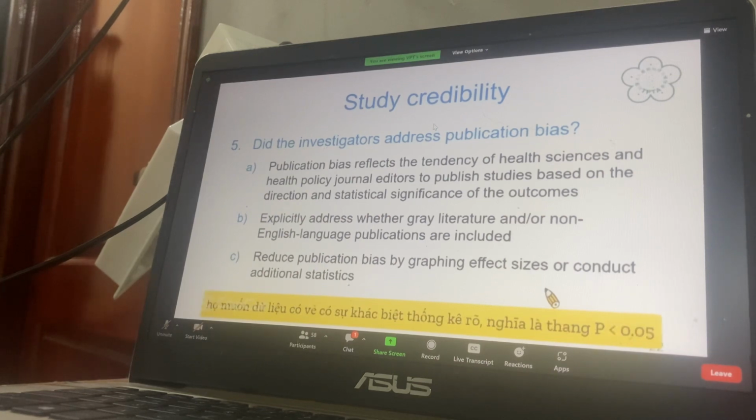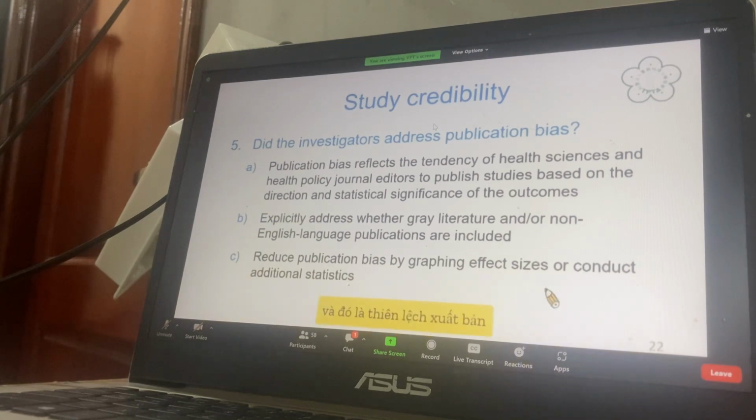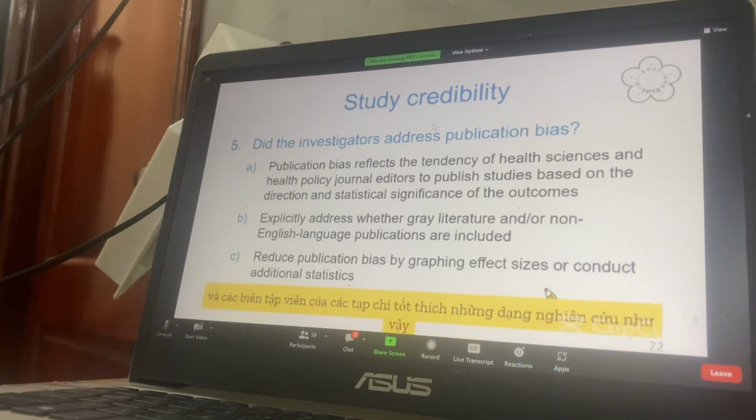They want data that has a statistically significant level, which means p smaller than 0.05. So when they publish studies, what you will find is that a lot of studies being published in good journals usually have some extreme results that have significance. And that's a publication bias.